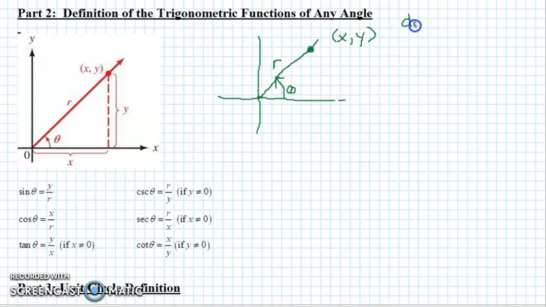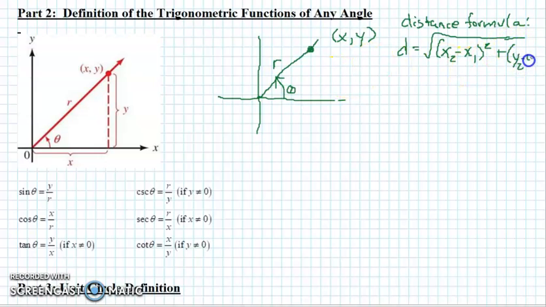So if you use the distance formula, which you might remember is the square root of x2 minus x1 squared plus y2 minus y1 squared. But maybe we could use the picture to figure out something better.